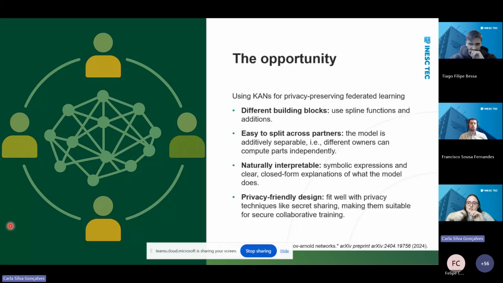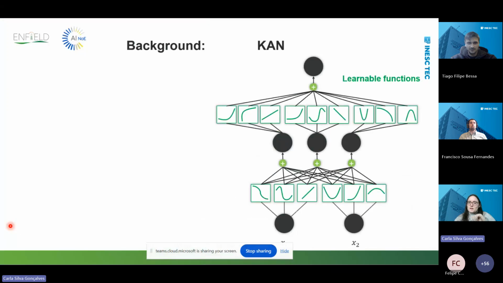The splines can be approximated with symbolic expressions. And with that, at the end, we have a formula for our forecast. We know exactly how the forecast is being produced. And all these properties are privacy friendly by design because we just have a sum of functions. It's good for secret sharing, homomorphic encryption, etc.